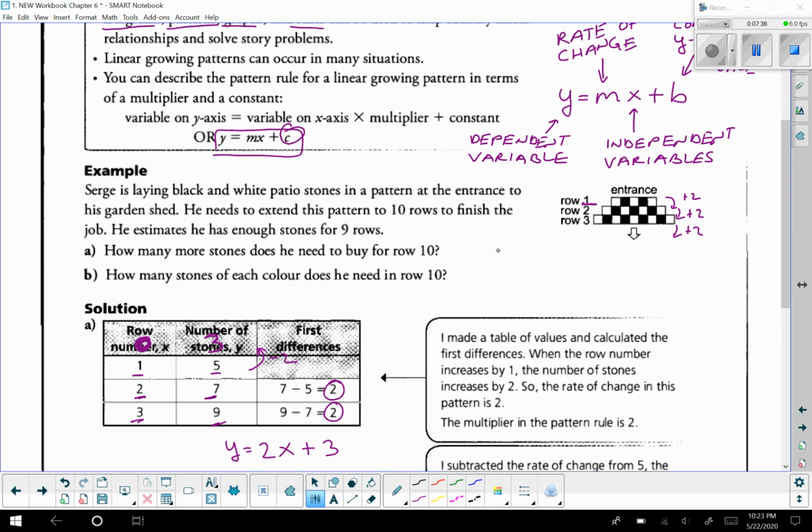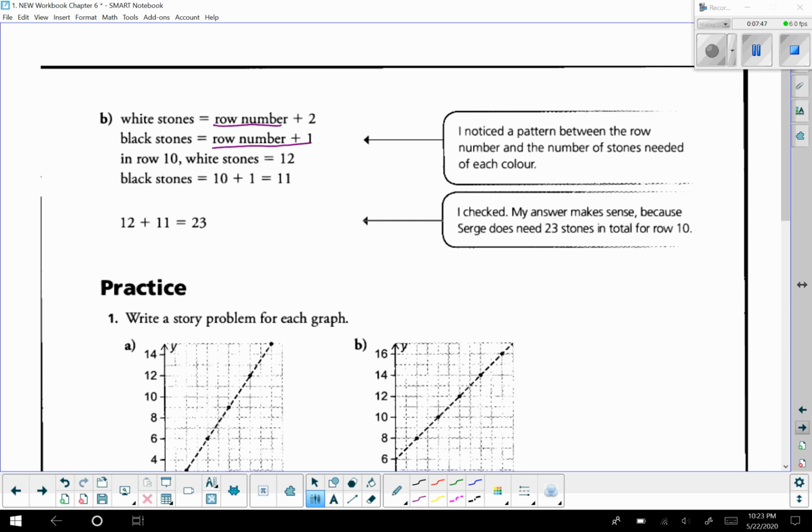So that means row number 1 plus 1 will give me black stones, and row number 1 plus 2 will give me white stones. So that's where they're coming from. They just looked at the pattern and then kind of determined that. So in the end, because it's the 10th row, they add 2 for the white stones, which gives them 12, and they add 1 for the black stones, which gives them 11. So there's other ways to do that, but I'll just defer to this one.